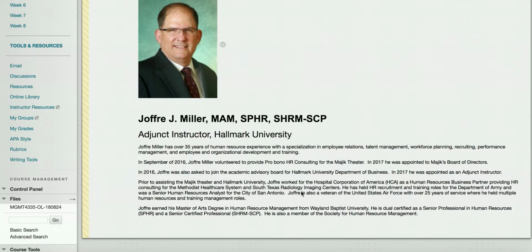I knew I wanted to stay in that field, but I knew that I had to get certain credentials to work outside the military. And I've been fortunate to have worked for the city of San Antonio as a senior HR analyst. I did that for a good period of time. My business lines were the San Antonio Convention and Visitors Bureau when it fell under the city.